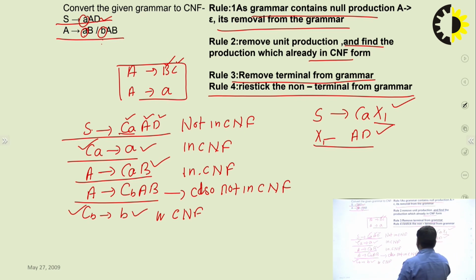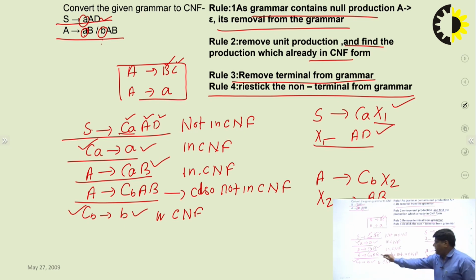Now similarly A tends to CB X2 and X2 tends to A and B. It means in this production rule, AB is restricted into X2 and X2 tends to AB. It means here are two non-terminals following the rule for Chomsky normal form. And here is also Chomsky normal form.